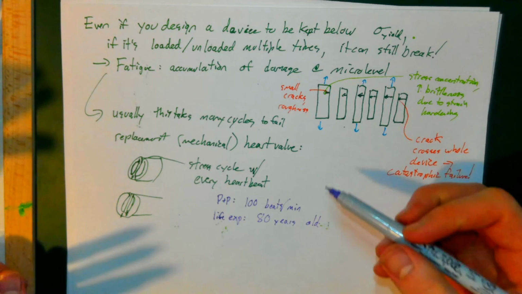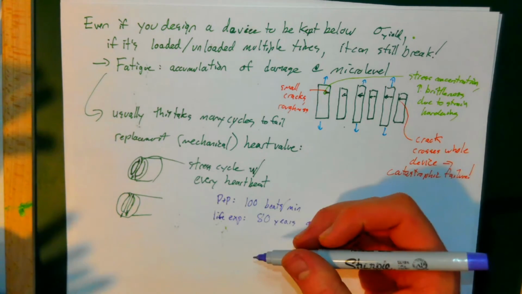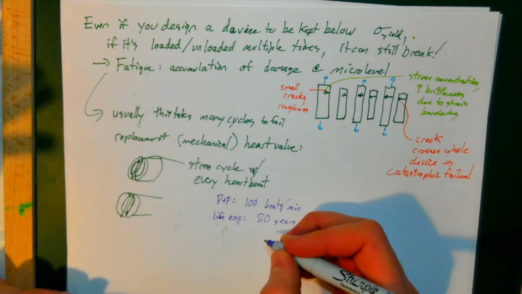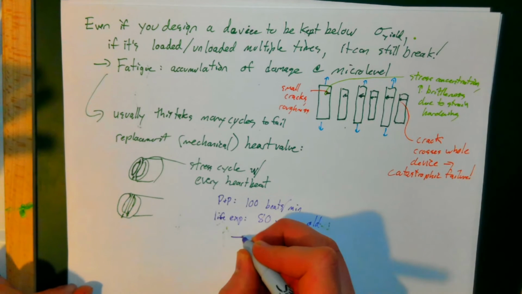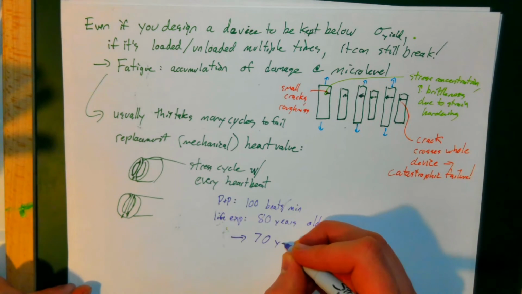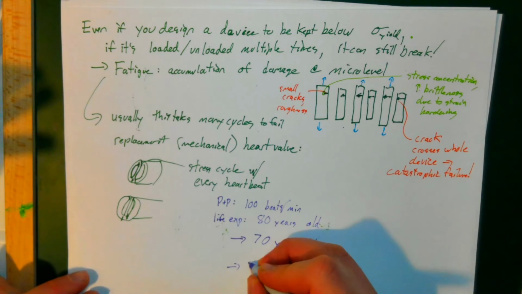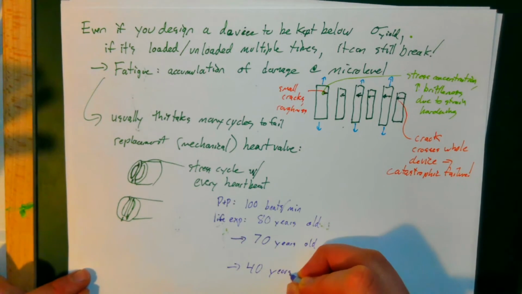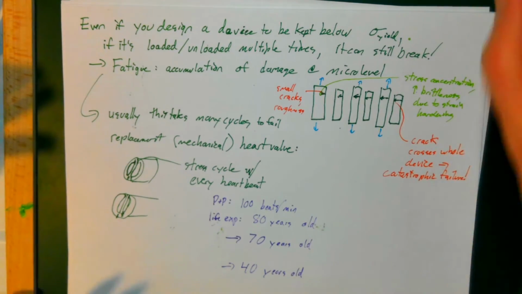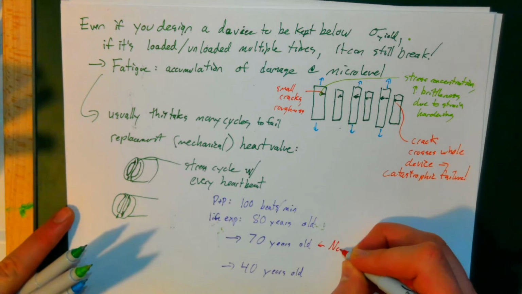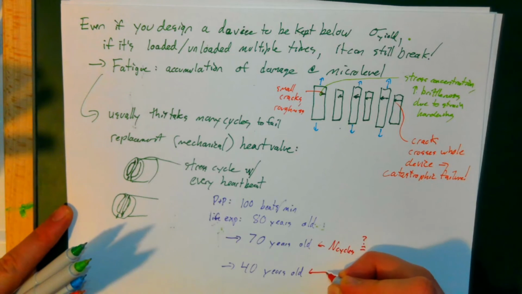Let's divide our patients into two classes: one class of patients that are 70 years old, and another class that are 40 years old. Take a moment now, pause and ponder how many cycles for this patient, and also how many cycles for this patient.